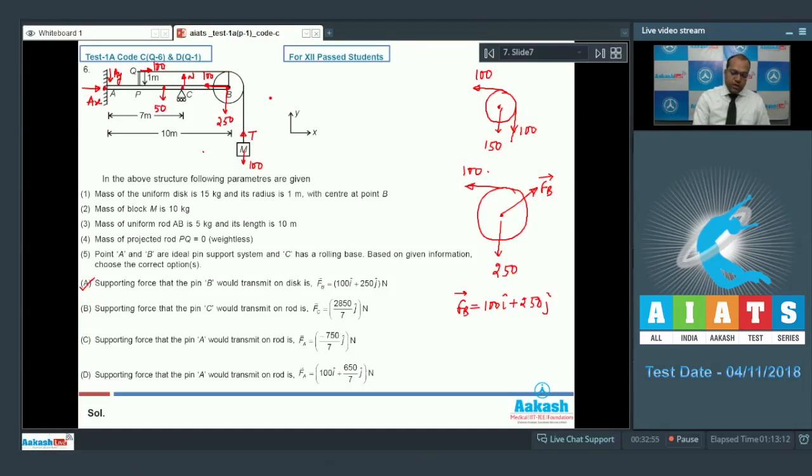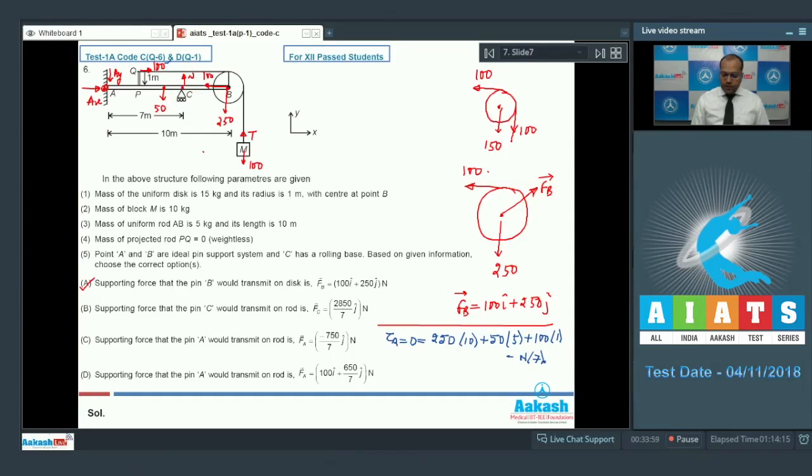Since the rod is in equilibrium, if I write the torque equation about point A, then the torque about point A must be equal to 0, and that is 250 into 10 plus 50 into 5 plus 100 into 1, that is the clockwise torque of these forces about point A, minus N into 7.